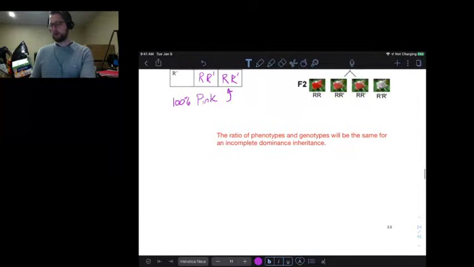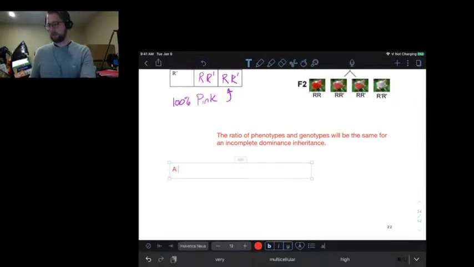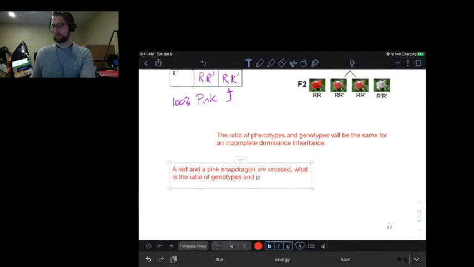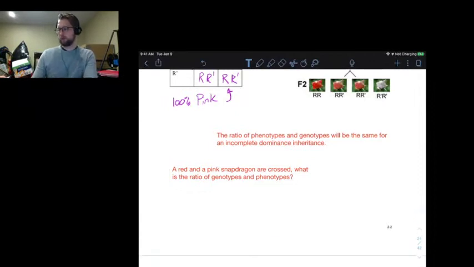So a red and a pink snapdragon are crossed. What is the ratio of genotypes and phenotypes? If this is the question we're left with, we have a red and a pink snapdragon, so that means one parent is red, and they're being crossed with a pink parent, which is a heterozygote.